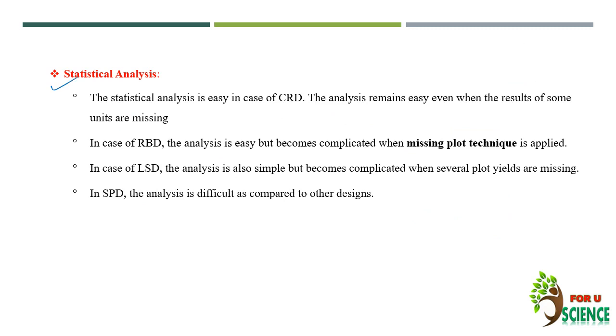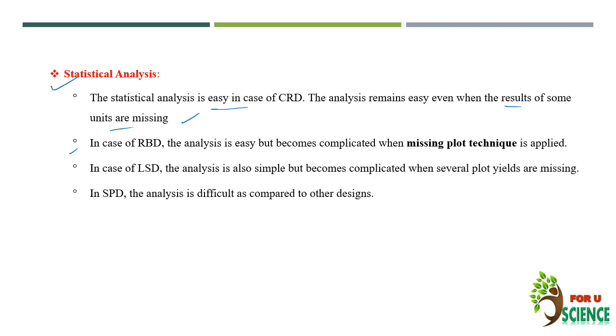If we see the statistical analysis, it is easy in case of CRD, and it always remains easy even when the results of some units are missing. Suppose the data of some units of some treatment is missing, then also it is easy.